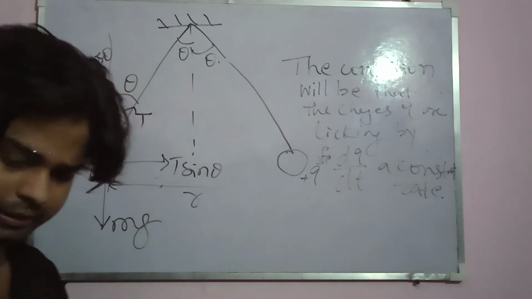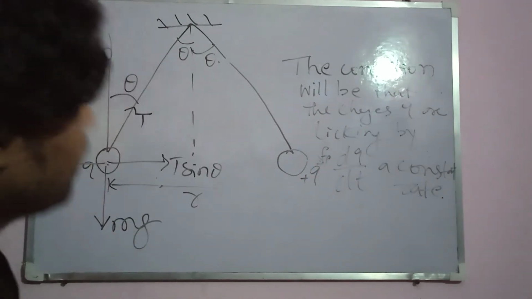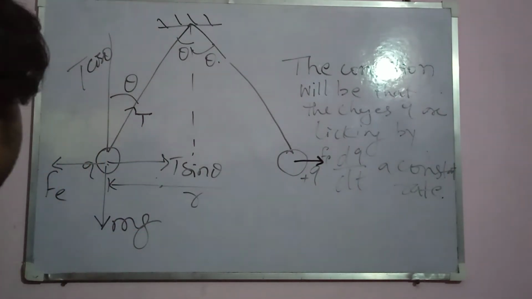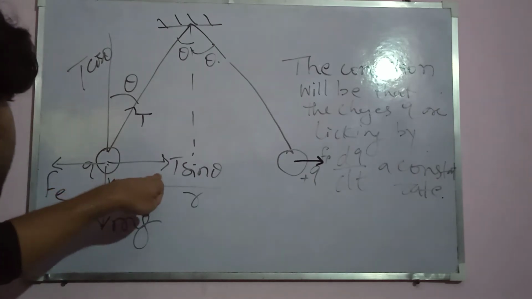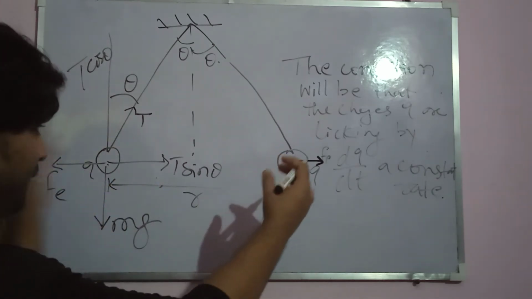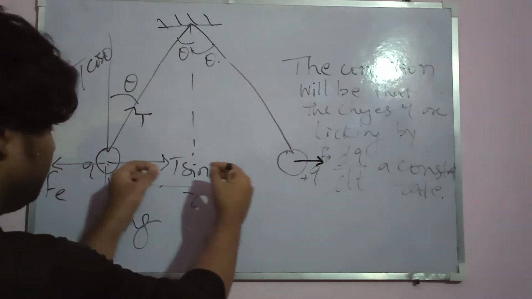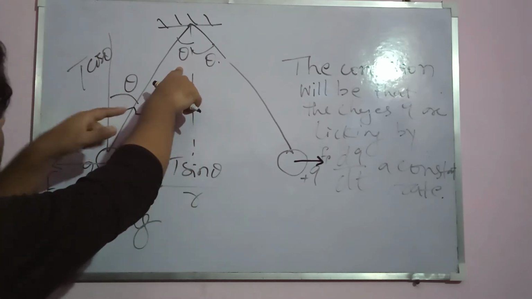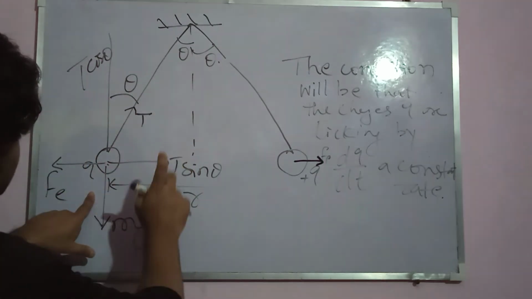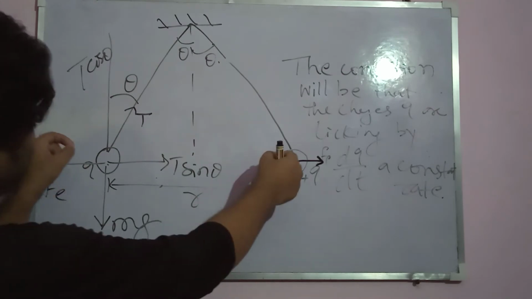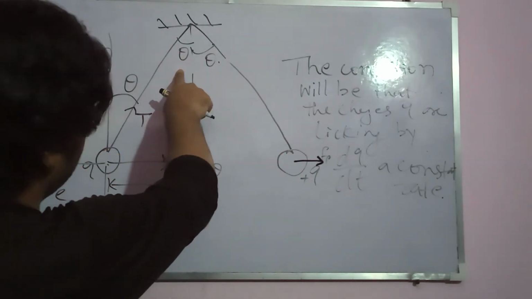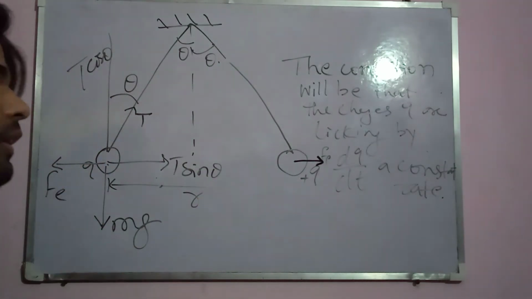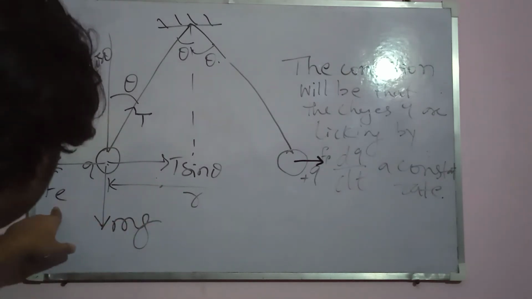Once the repulsive force decreases, T sin theta becomes effective and the charges rush towards each other. Then this angle will be smaller, and T sin theta will be smaller, so that T sin theta can balance Fe.